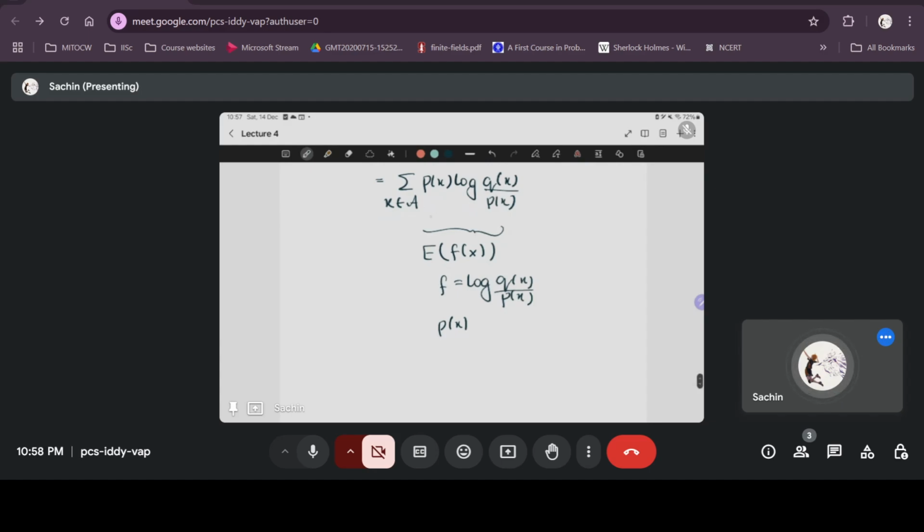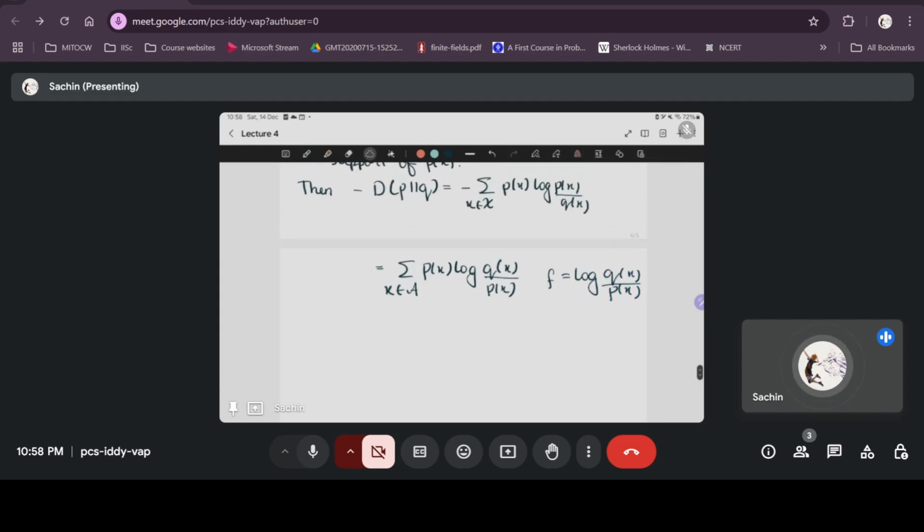So the expected value is the summation of p of x log of q of x over p of x.